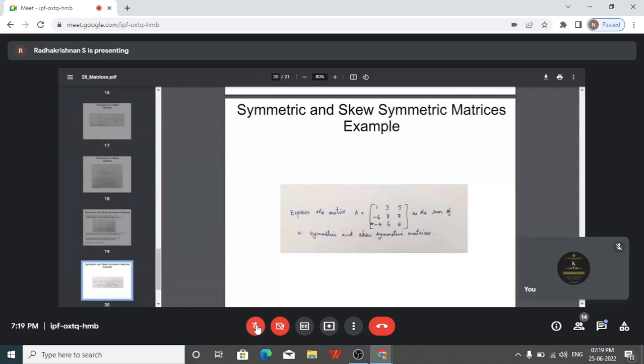Let us represent it as a sum of symmetric and skew symmetric matrices. So in the process, we will be using transpose and addition properties of matrices. Because we know that it is half of A plus A transpose plus half of A minus A transpose. So that's the formula we saw.